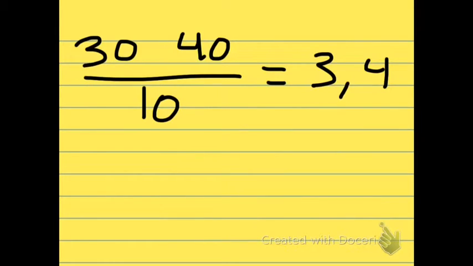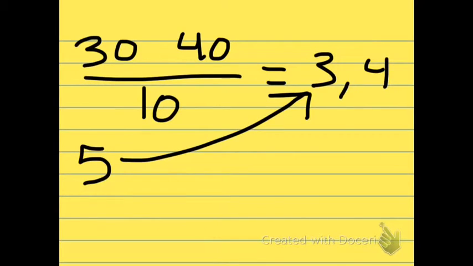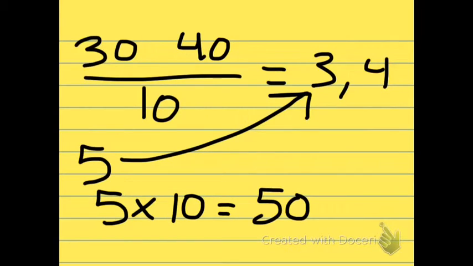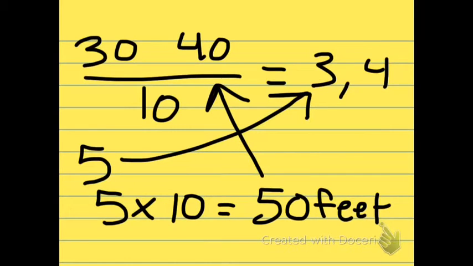We know that 30 and 40 were divided by 10 to become 3 and 4, which are single-digit numbers. So since 5 is single-digit, just like 3 and 4, 5 can be multiplied by 10 to then become 50, or 50 feet. So it becomes now double-digit like the original numbers, 30 and 40.